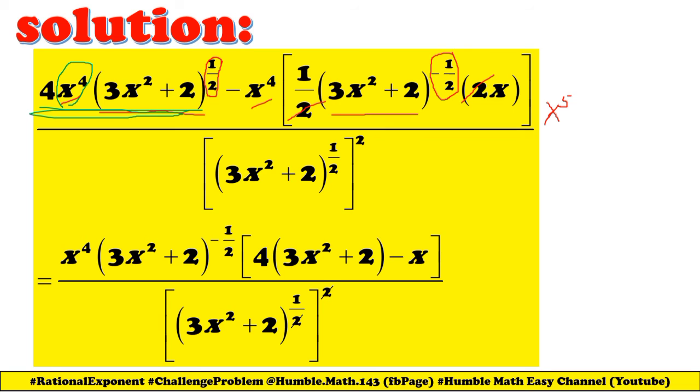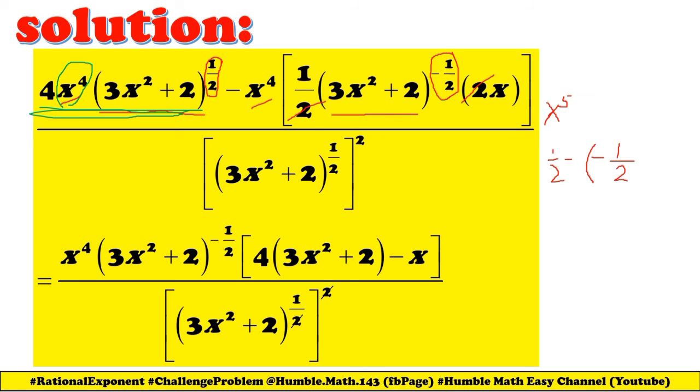Then we have 1/2 times 3x squared plus 2 quantity raised to 1/2 divided by 3x squared plus 2 quantity raised to -1/2. So we are going to subtract the exponents: 1/2 minus -1/2.